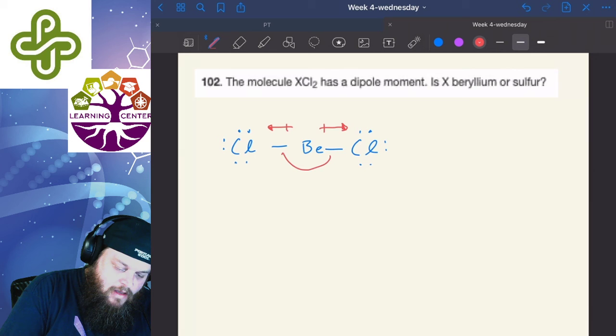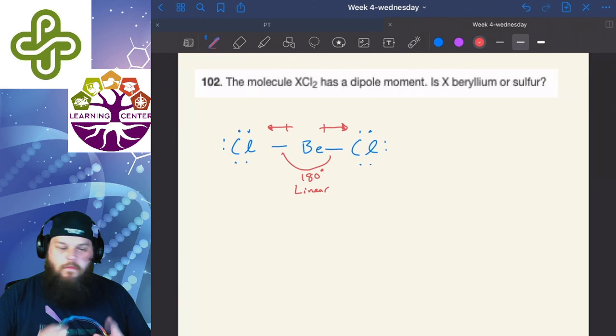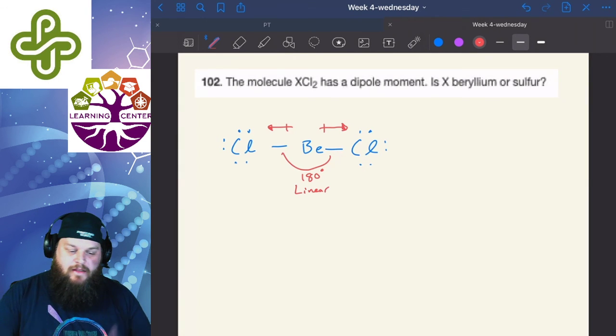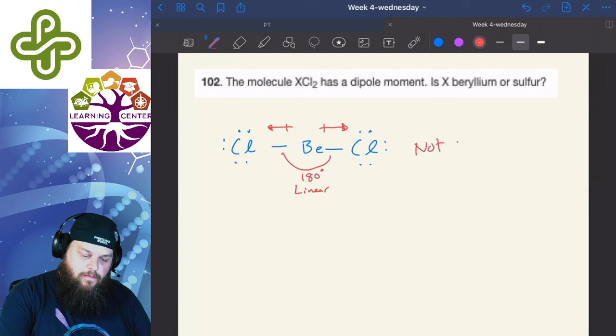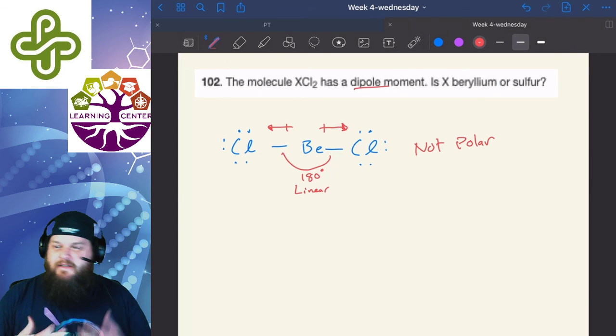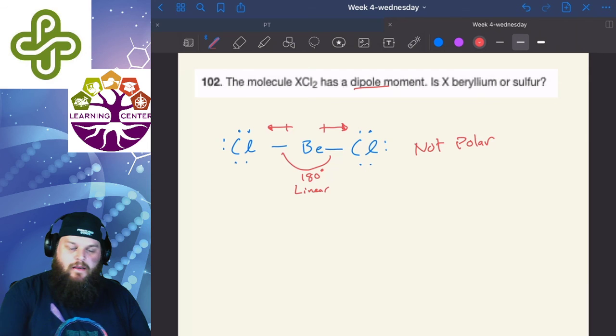This has an angle of 180 degrees, which is linear. So that means that this is not polar. So since it's not polar, it doesn't have that dipole moment in it. So this is not going to be beryllium. It has to be sulfur.